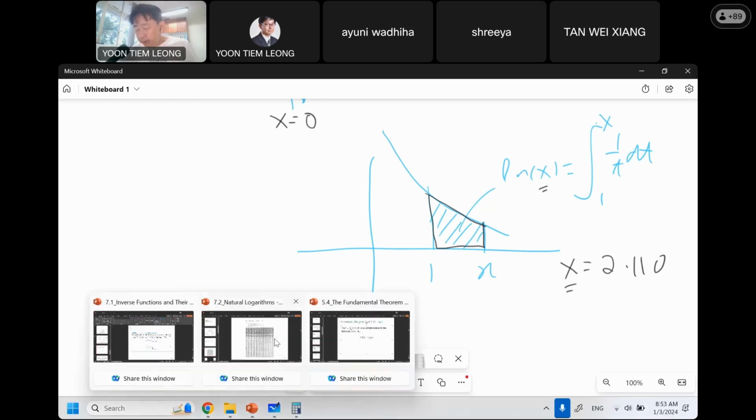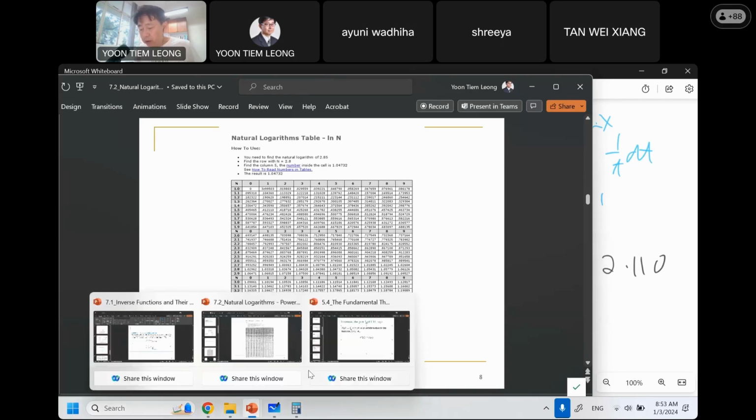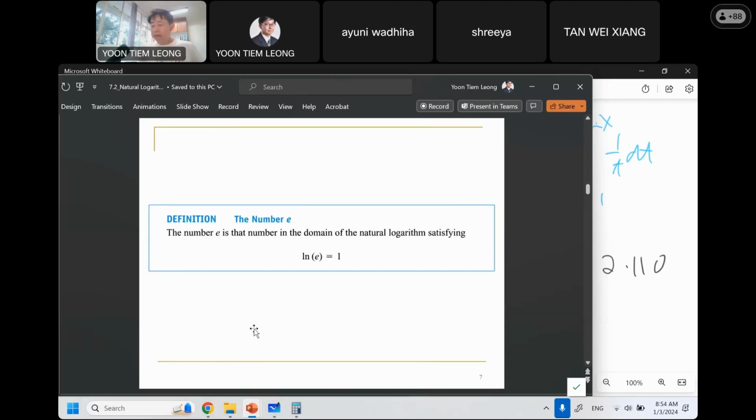in a table. When I was in my secondary school, we didn't have computers, we didn't have electronic calculators. We had to resort to the table of the logbook to tell us what the values of the natural log are. There is a particular value of the natural log, which is called the number e.